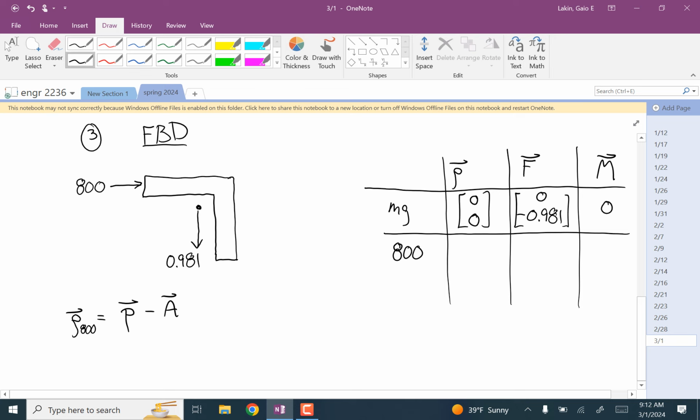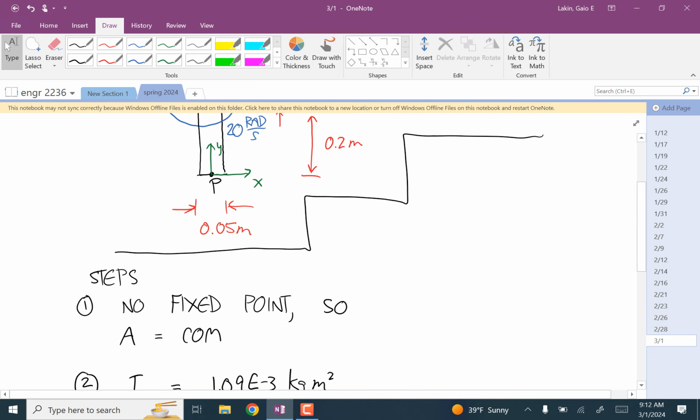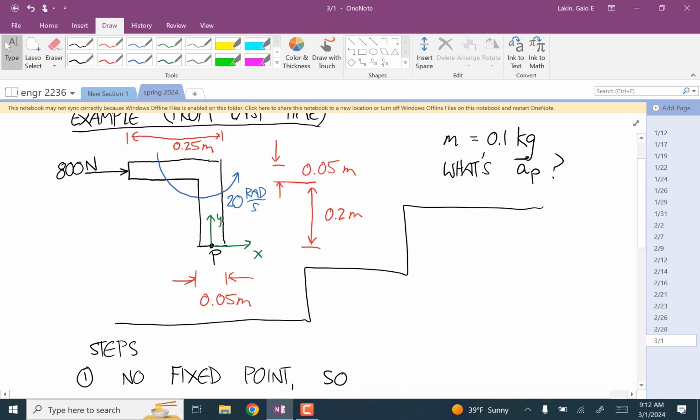Okay? So if you're looking for the rho vector for that 800 Newton force, we have the about point listed in a coordinate system down at the bottom, the one in this picture, right? So let's just calculate everything in that coordinate system and then just do the subtraction.